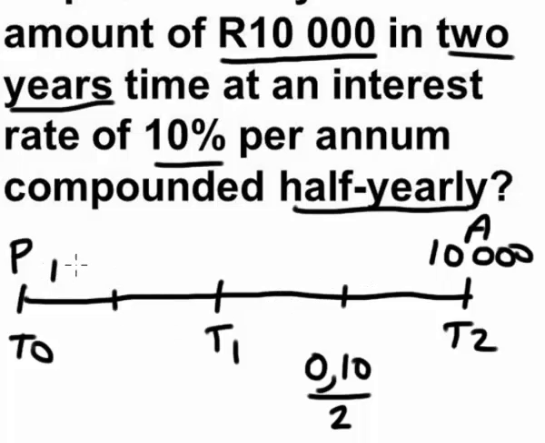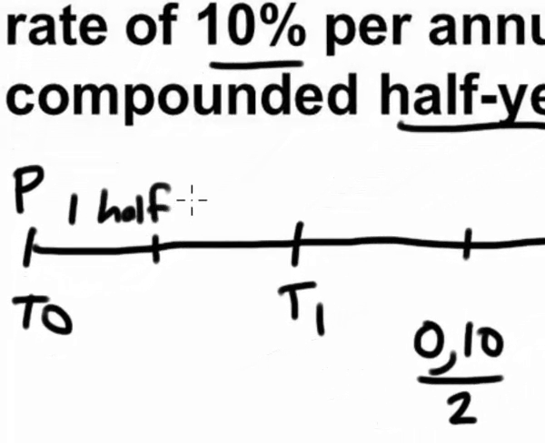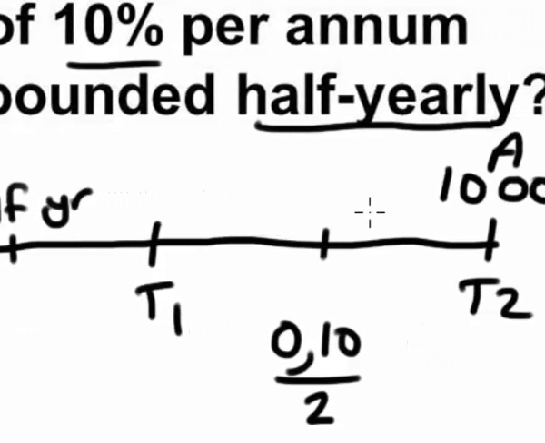So a half year is basically that piece, which is made up of 6 months. So how many half years in a year? Well, there's 2 half years in a year, and how many half years in 2 years? Well, that must be 4.